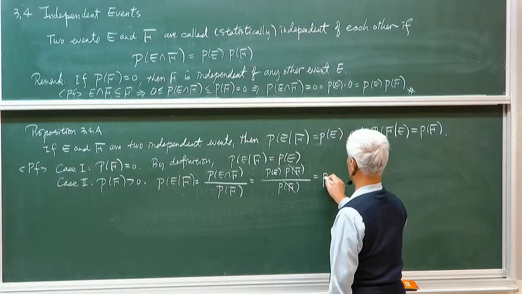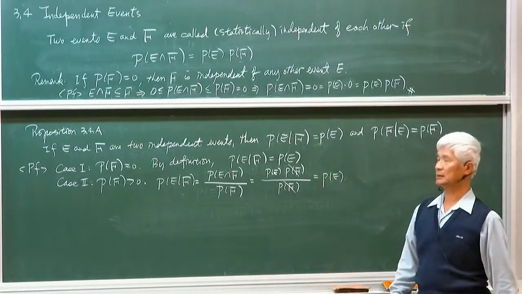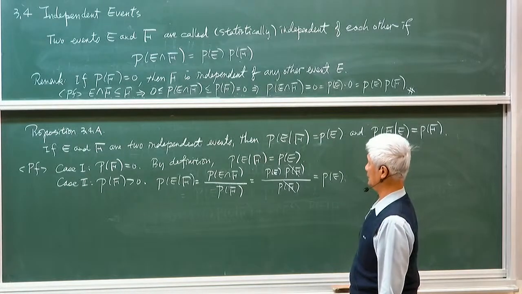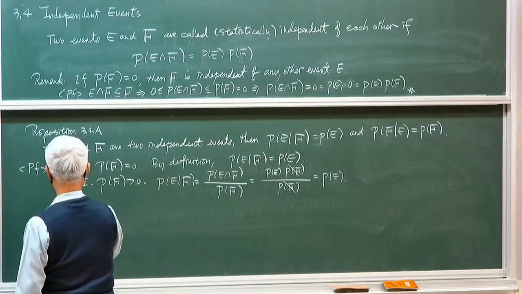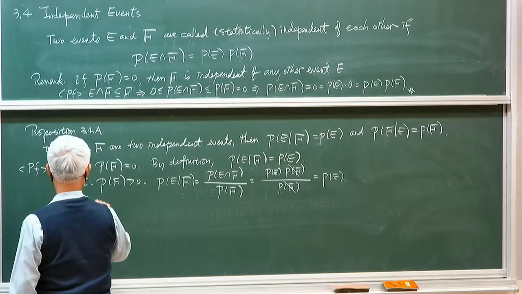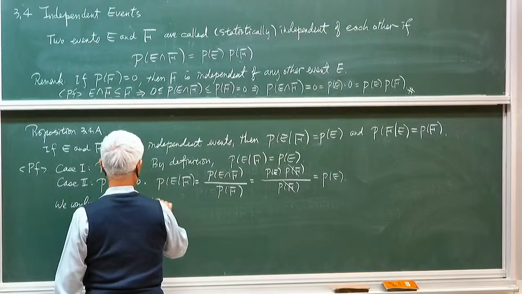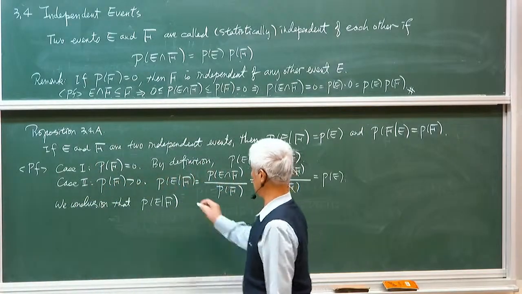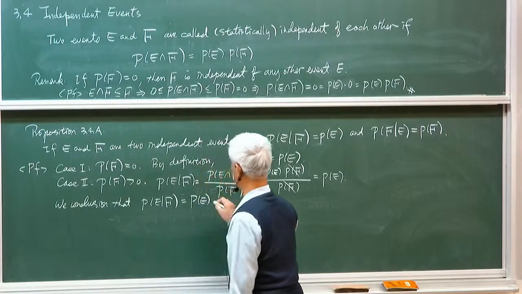So this is P of E. Again, we have the same formula. So we conclude that this conditional probability is equal to the unconditional probability.